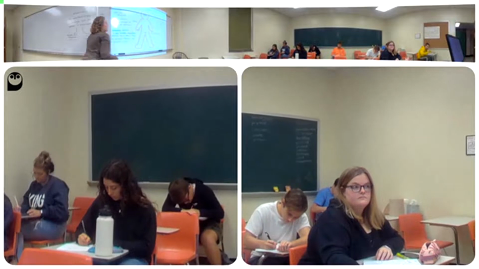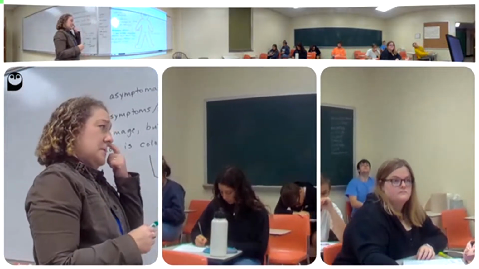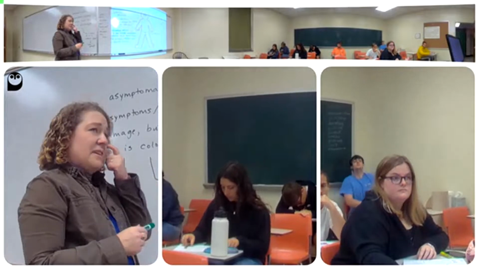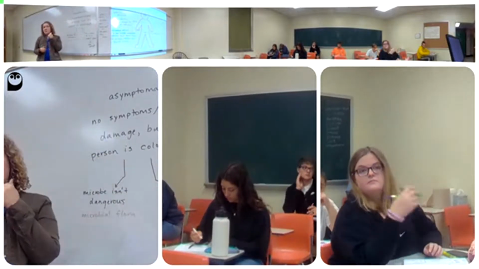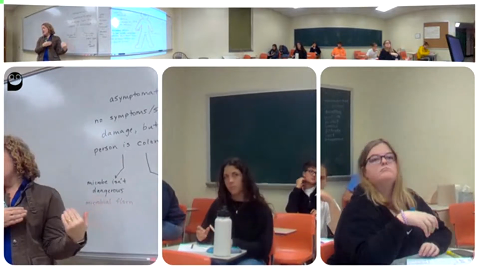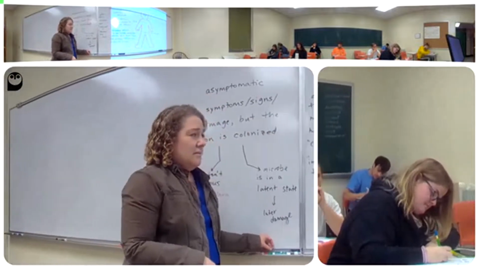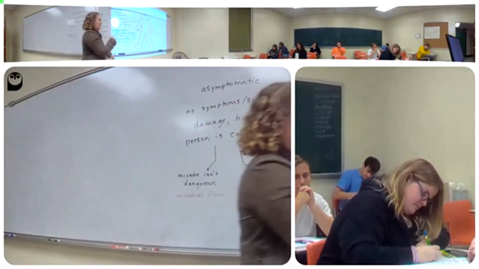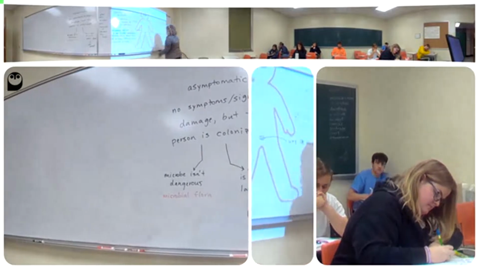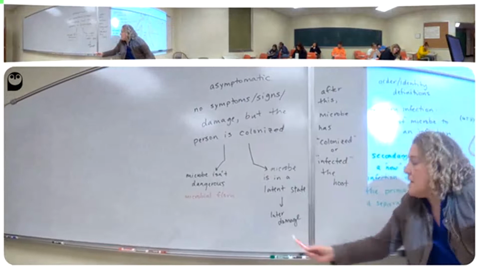And I'm going to give two examples of this, because this is a harder concept to understand. So secondary infection means that because you had this other infection first, it caused the second infection. So one example is someone has a UTI, a bladder infection, and then they have antibiotics to treat that.